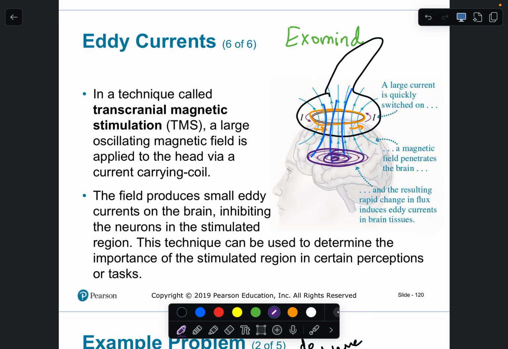So we're creating currents in the brain, and all of your thought processes and everything, our brain works because of current. It's not electrons, it's positive ions like potassium.